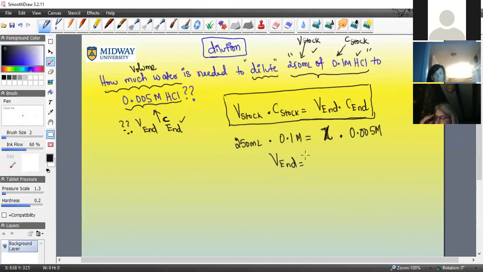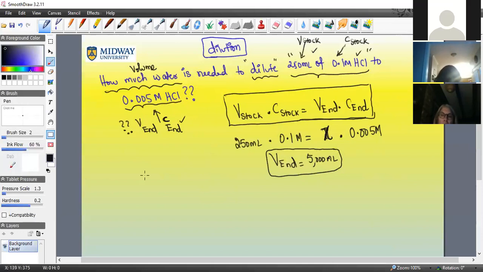So this question is almost guaranteed to be on any pre-professional exams. Mils. Okay, this is not what the question is asking. It's asking how much water is needed to dilute 250 mils of 0.1 molar HCl to 0.005.